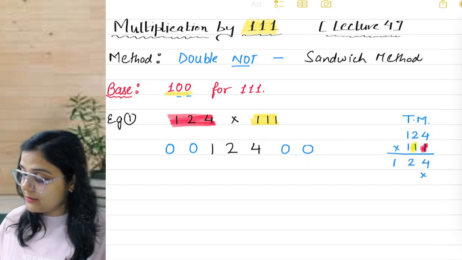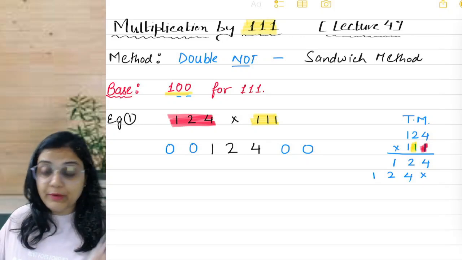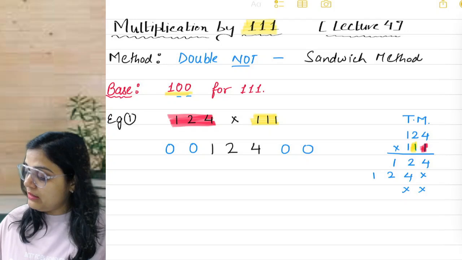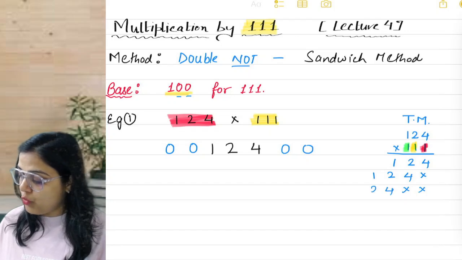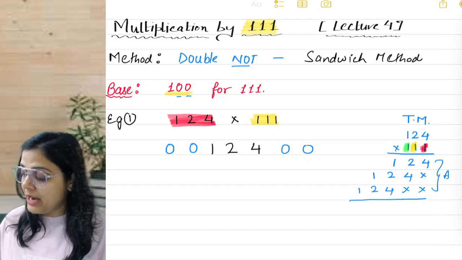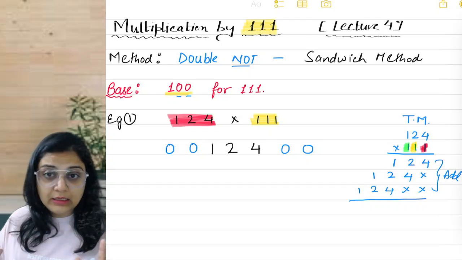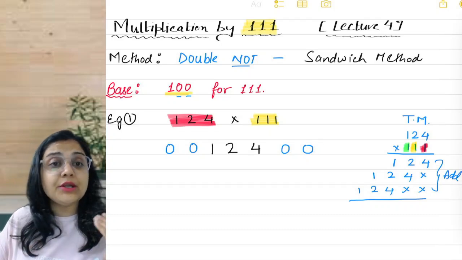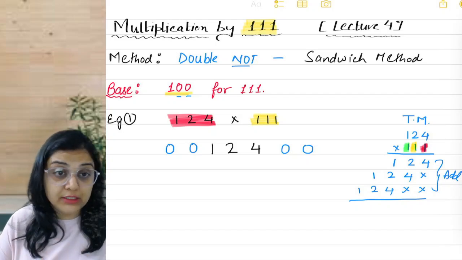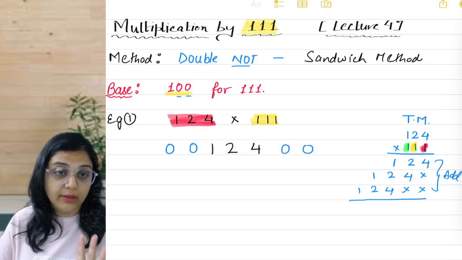You will multiply this with 4, 2 and 1, and then for the 100th place we'll put 2 crosses, and then we'll multiply with the third one. The third one is this, so we'll multiply with this and we'll get 4, 2, 1 again. These are the partial products, and then we'll add all these three, right? This is how we get the answer in traditional mathematics, when we multiply two 3-digit numbers or maybe any two numbers, alright?